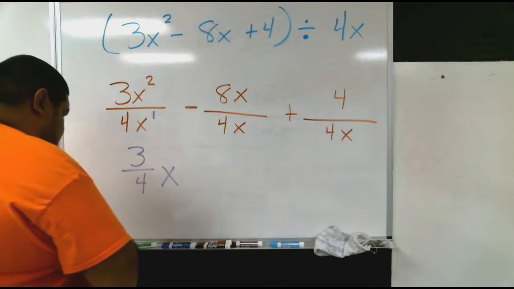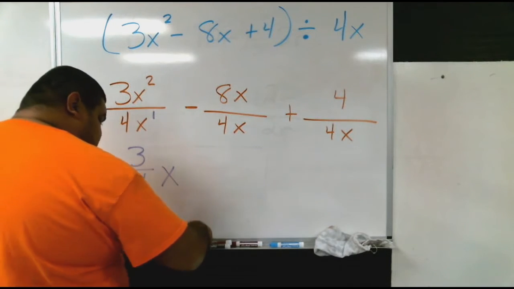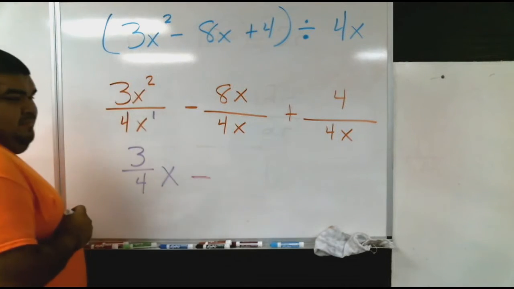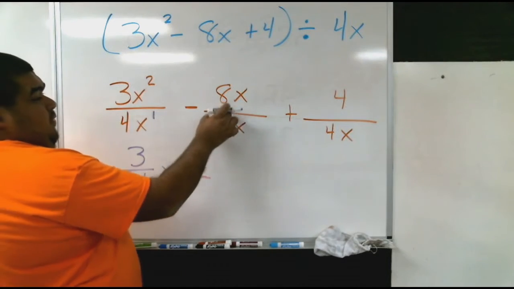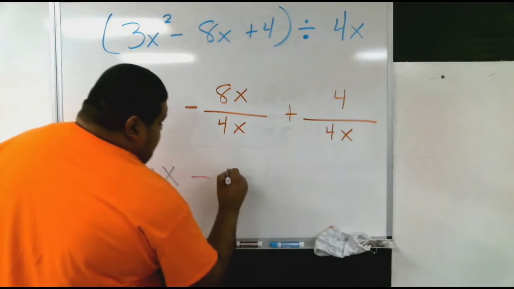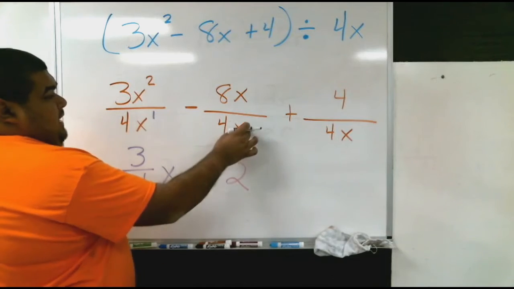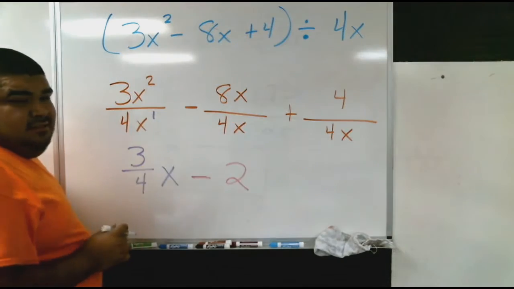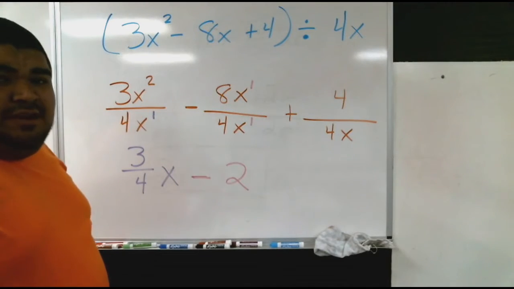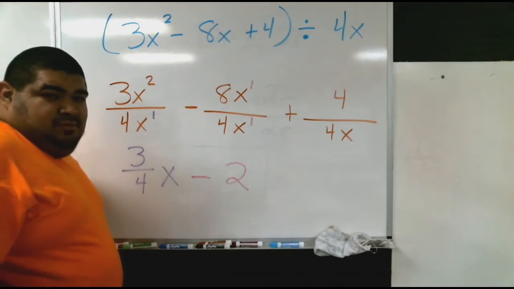Then we have our next term, minus, 4 can go into 8, 2 times. x divided by x, because there's a 1 here and a 1 there, they cancel out, right? So it's just 2.